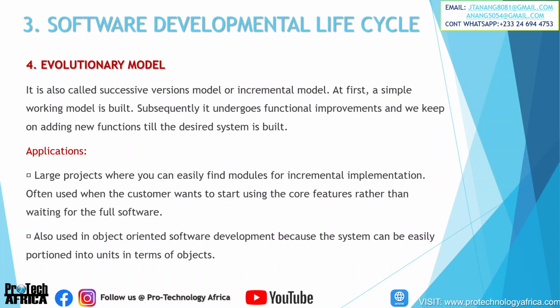So we develop a first model of the product, we give it to customers, and everybody is using it. Within that space of time, we collect feedback from the customers who are using the software, and in the next release of the same product, we incorporate the suggestions and the responses from the customers.